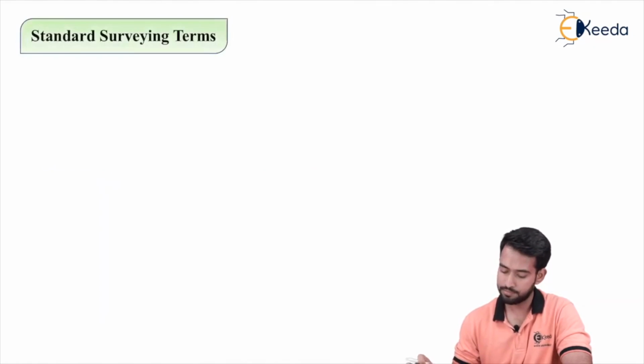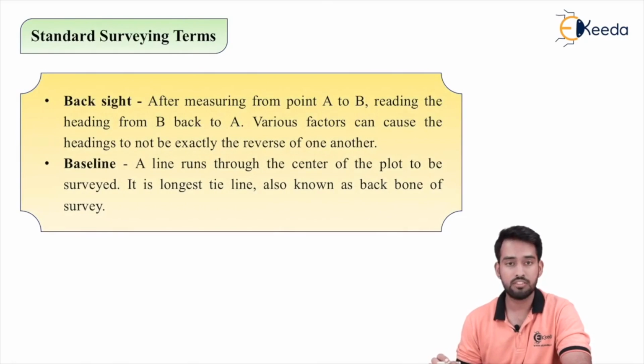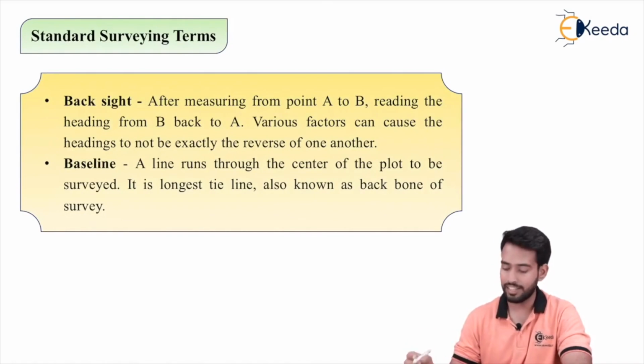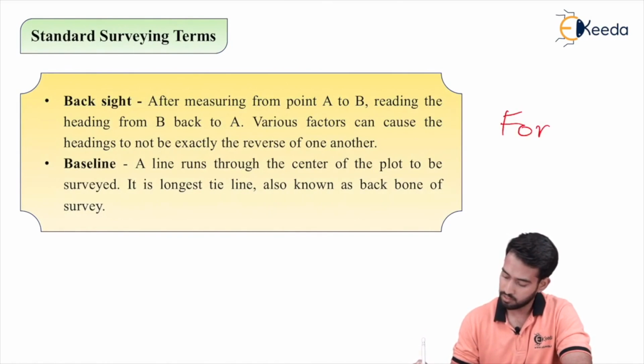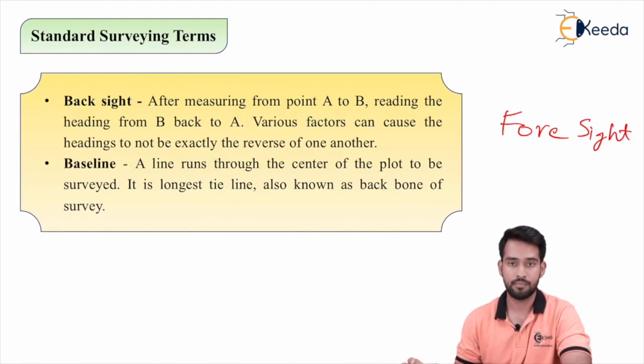Moving on to the next part, the standard surveying terms, the basic terms we use in surveying. The very first term is backsighting. There are two sights, foresight and backsight. I will give you one example.